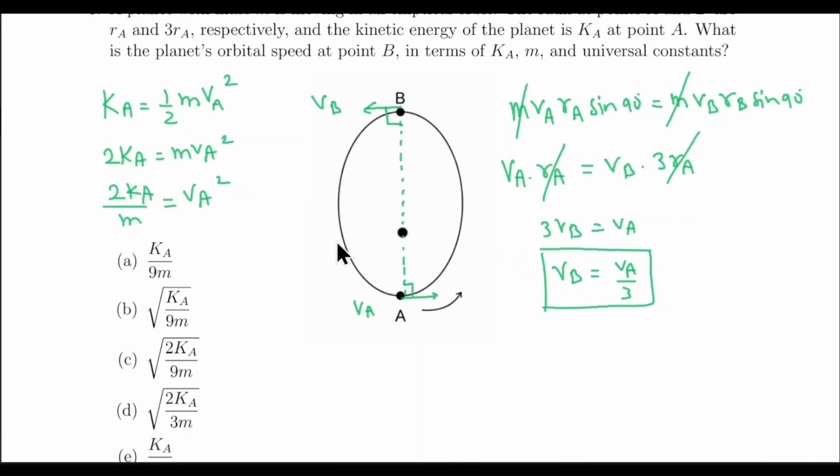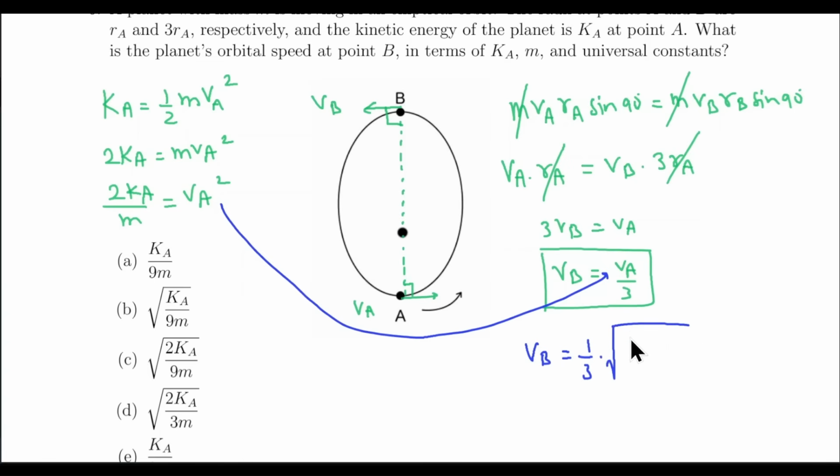VA square. So from here, I'm going to sub in the value of VA over here. So VB will be equal to 1/3 of VA, which we get by taking square root on both the sides. So square root of, I'm sorry, it's not 3, it's 2, it's 2 Ka over m.